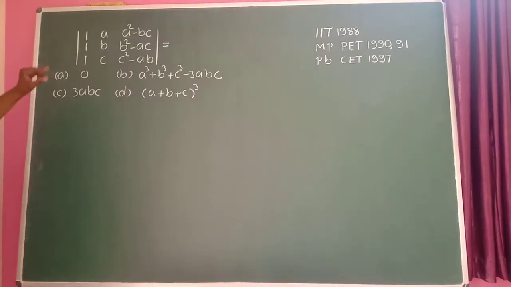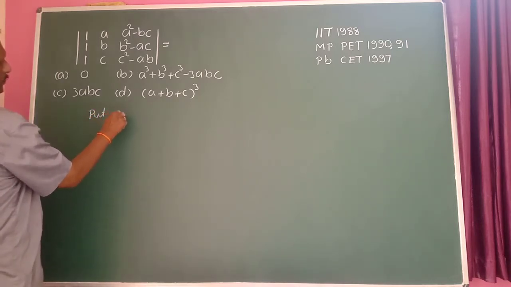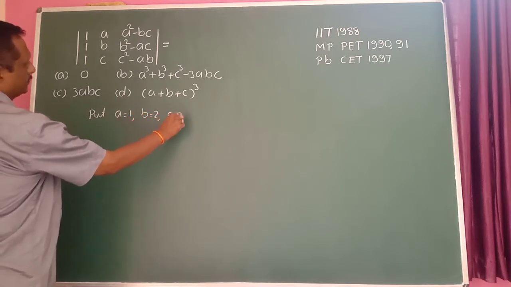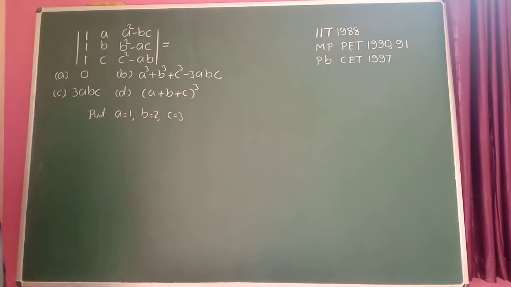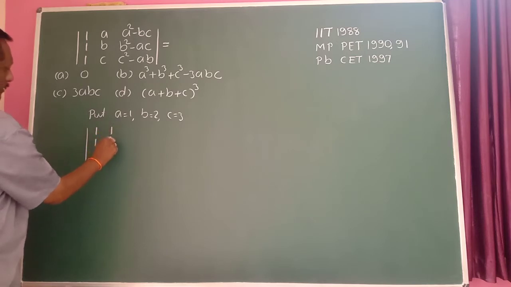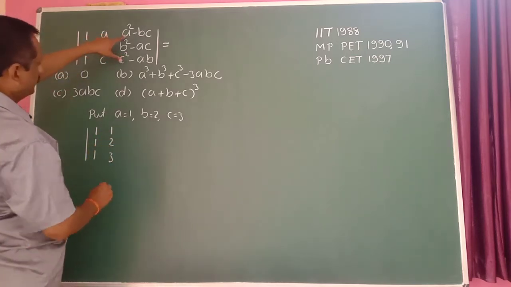Okay. Even here also, we just substitute. Put A is equal to 1, B is equal to 2, and C is equal to 3. Here's the determinant of 1, 1 and 1, then 1, 2 and 3. Then substitute here. A value is 1, 1 square is 1.